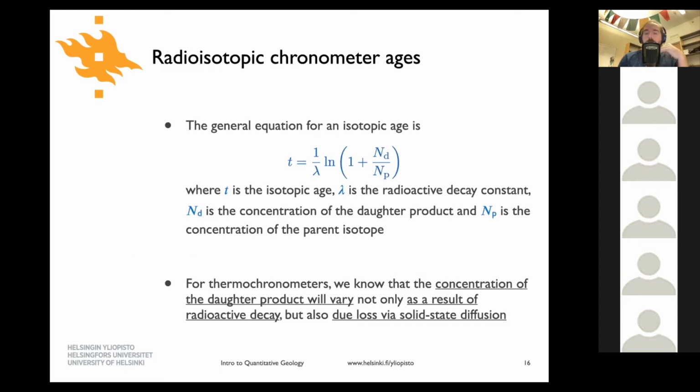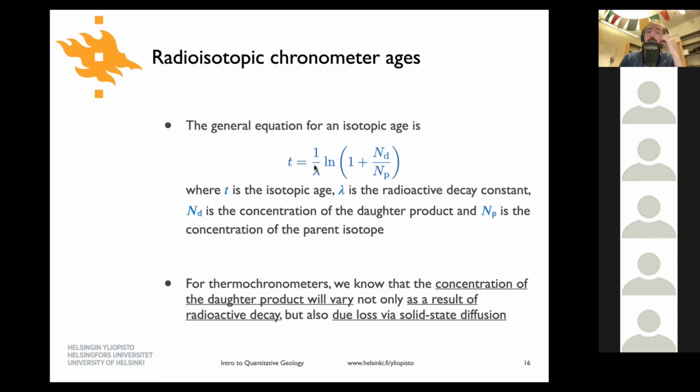Now, regardless of whether we're looking at a thermochronometer or a regular geochronometer, there's an age equation here. You've probably seen this before. It allows us to calculate the age of some rock sample or mineral based on the amount of daughter product versus the concentration of the parent isotope, and some production function.